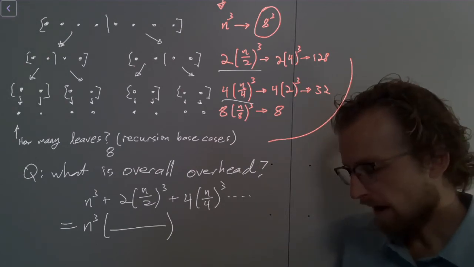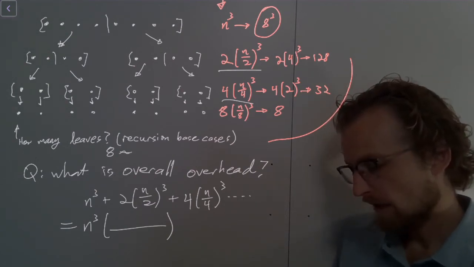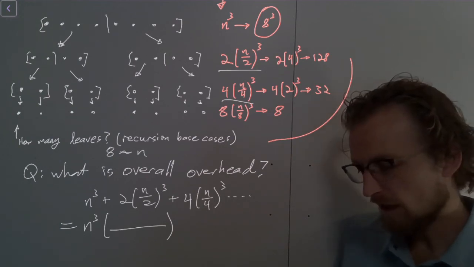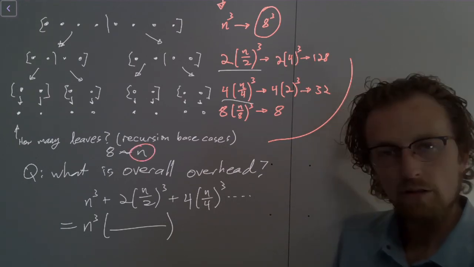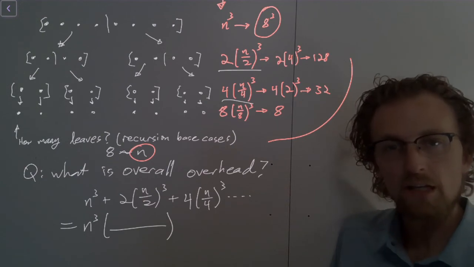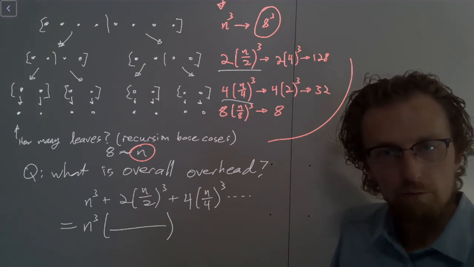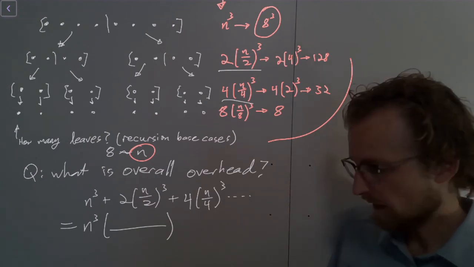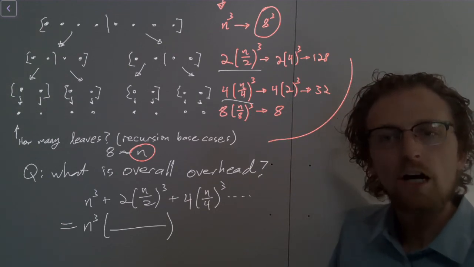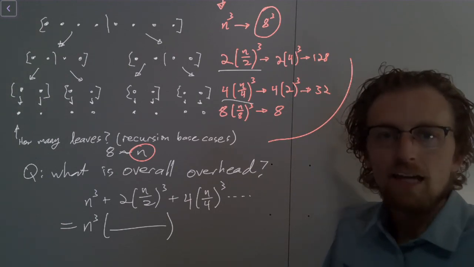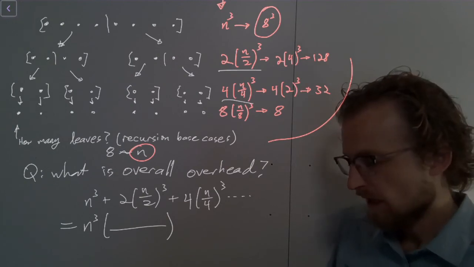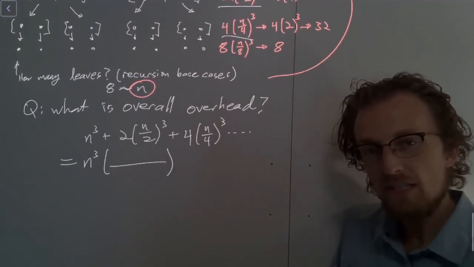So what we have is, the recursion essentially gives us linear cost. The recursion results in a linear number of base cases happening, but the overhead costs at least n cubed effort. So what does this give us?